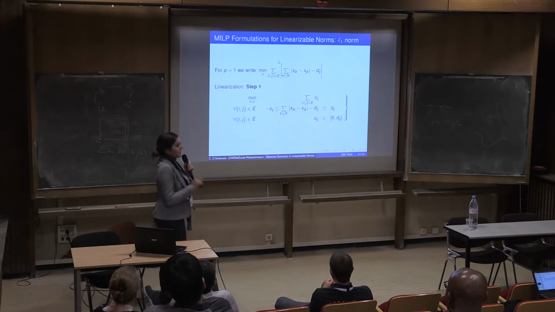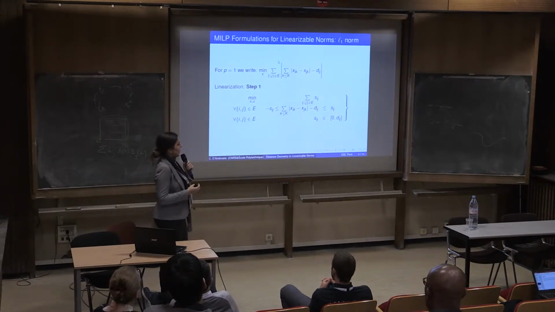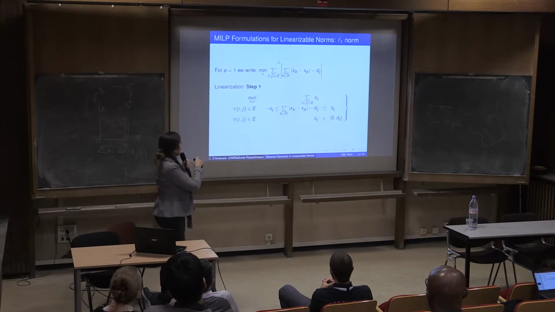The first step to linearize this problem is to introduce continuous variables Sij for each edge. We can bound them between 0 and Dij, and they basically represent the outer absolute value.